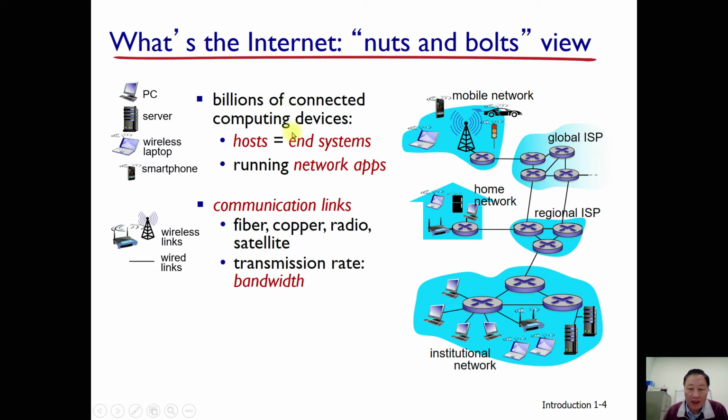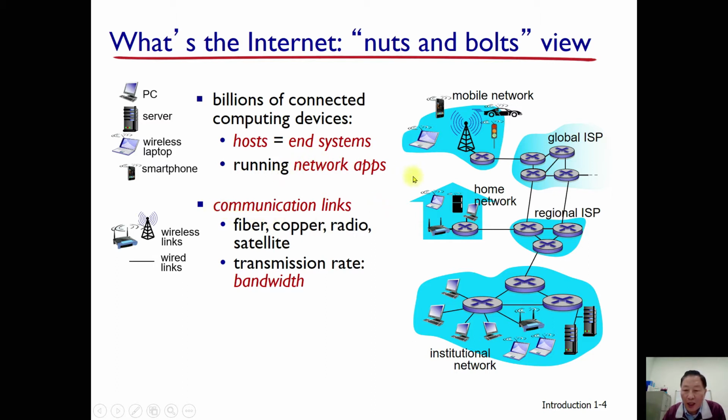And here we learn this terminology, host. This term means end system. An end system means a PC, server, wireless laptop, or smartphone. Those are all hosts. And in this end system, this host, network application programs run.